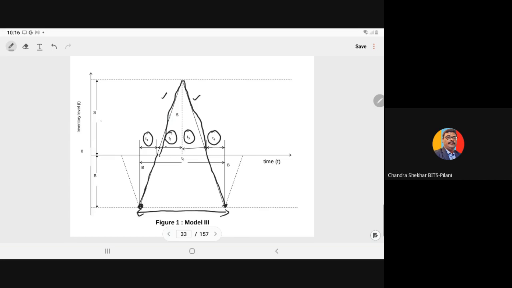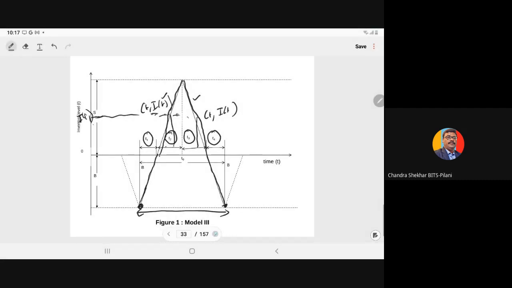If it is time t, what is the inventory level that we are managing? So at this point, we have t and I(t).